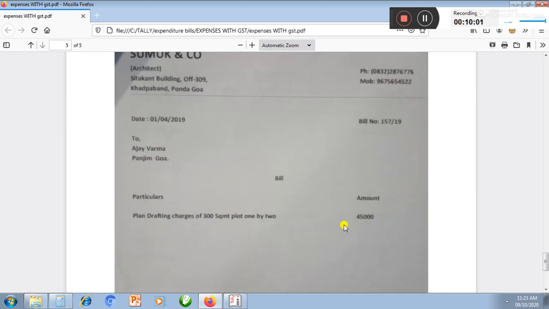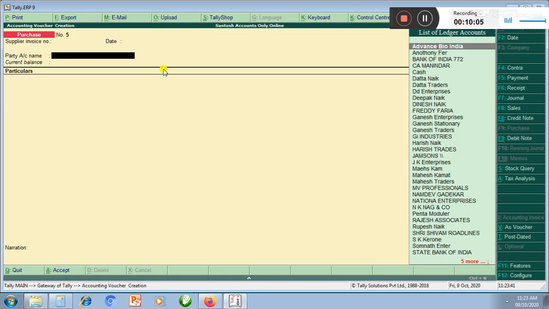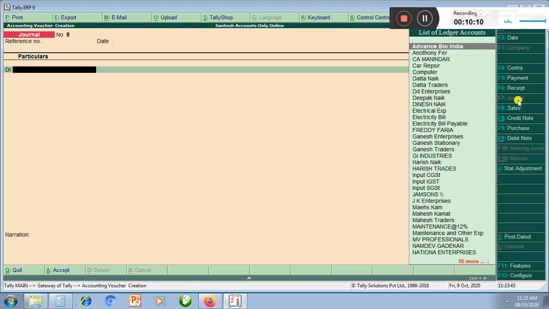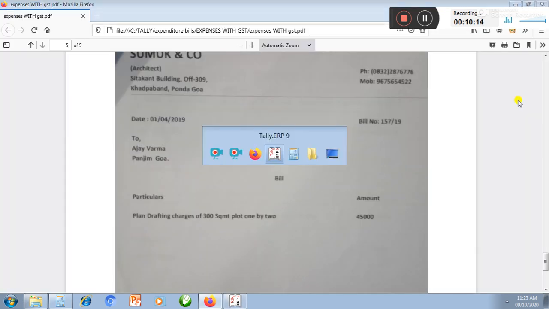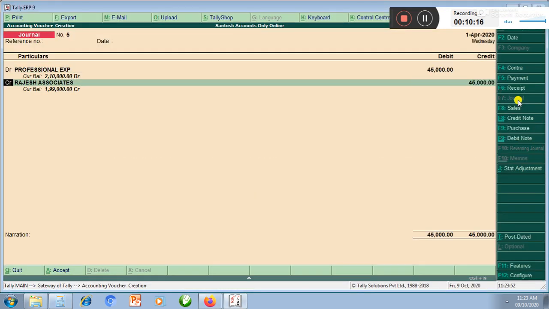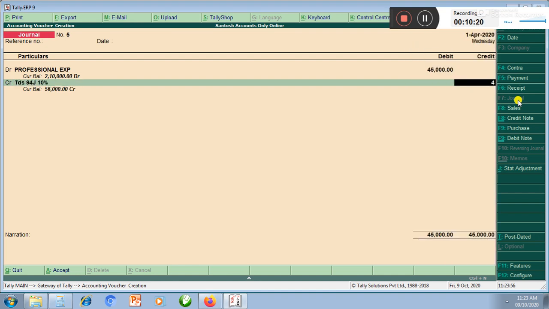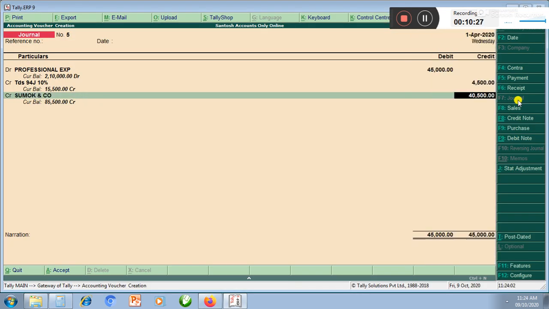That is 45,000 bill, there is no GST on the bill, so I can pass a journal entry. So this is professional expenses, again same amount is 45,000. Credit what? TDS 94J 10% 4,500, and balance is what? Sumuk and Company.